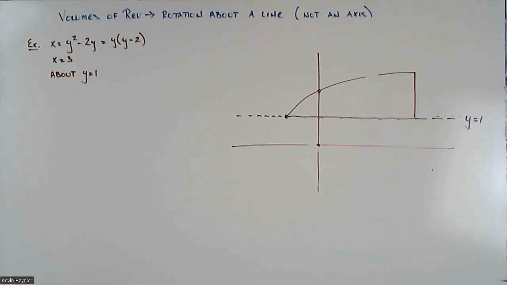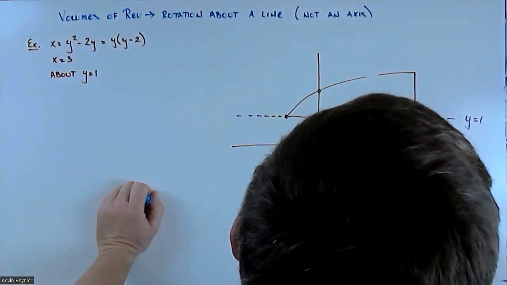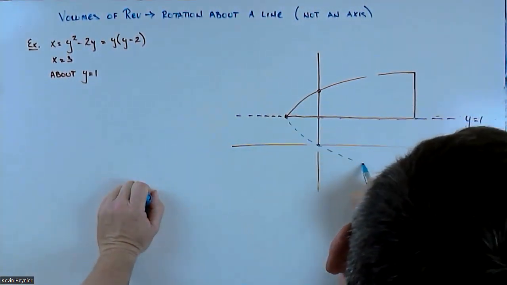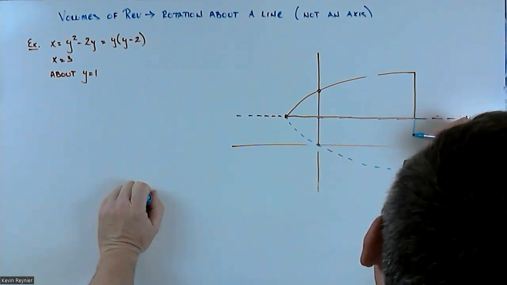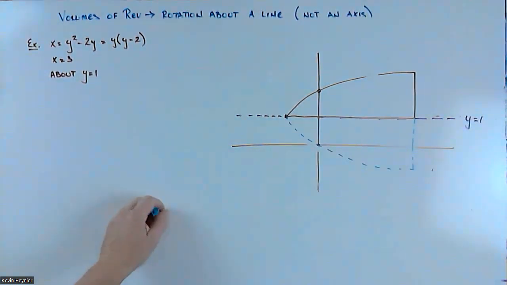So we have done exactly the same thing here that we've done in the previous problems. We've drawn our region. Now, we can draw our reflection. Our reflection is going to go down here like this, right? This is going to be our reflection right here.